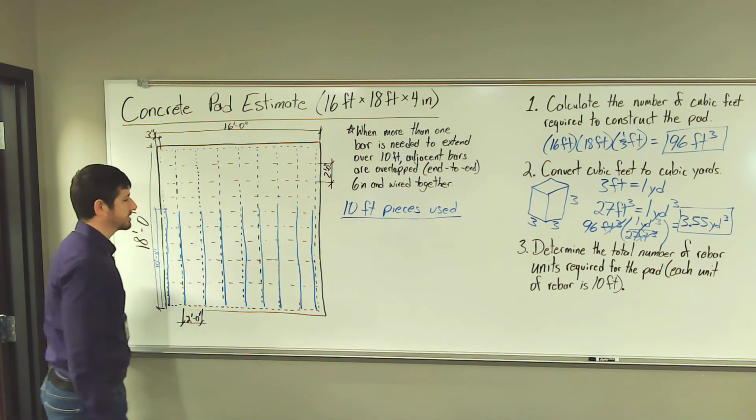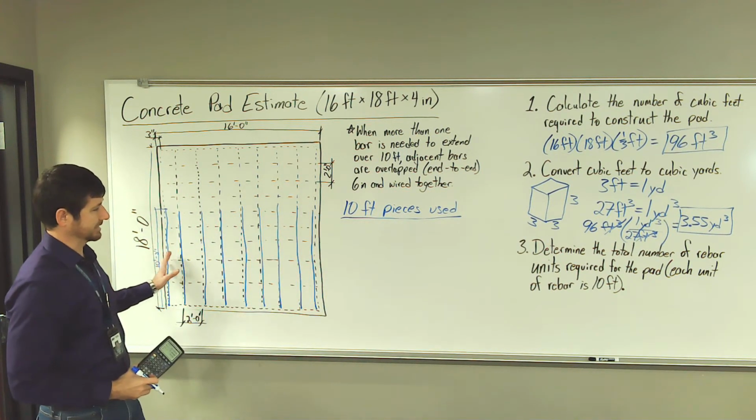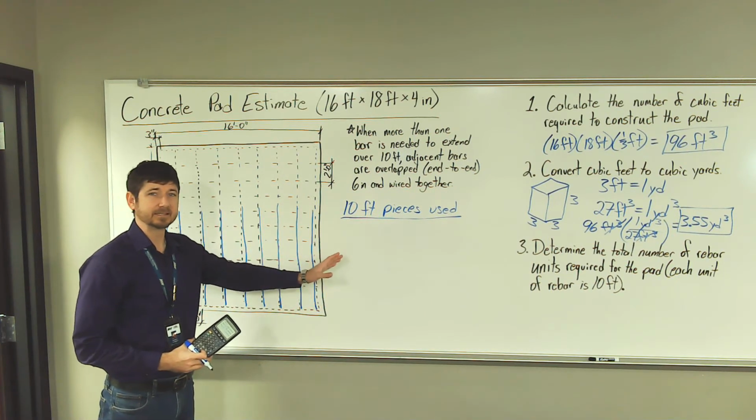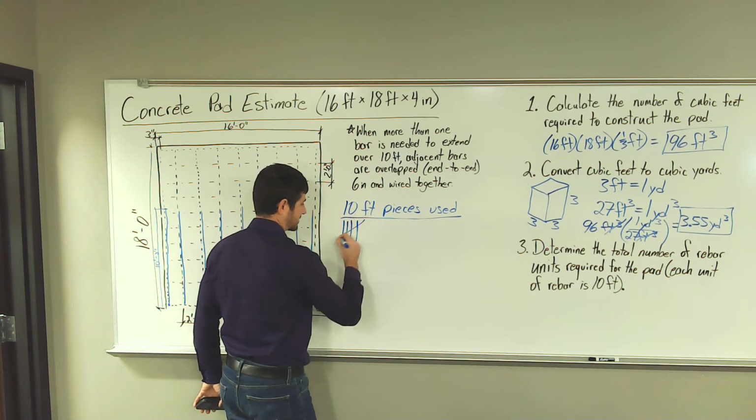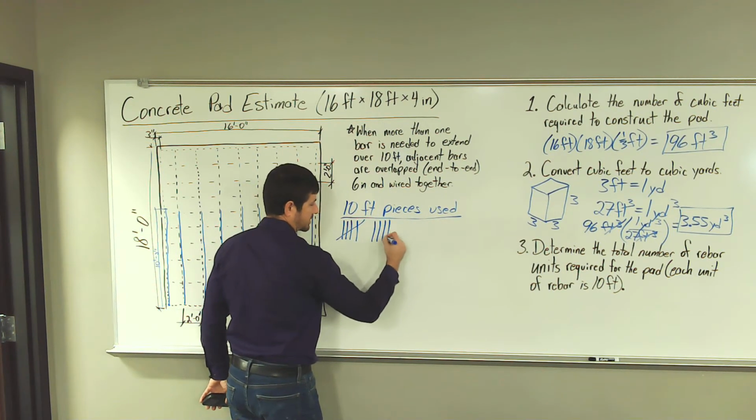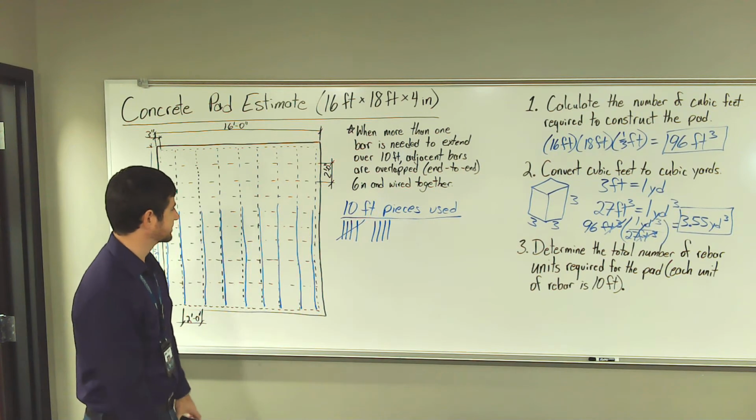All right, when we've done that, we have laid 9 10-foot sections into our pad right now. So let's keep a tally. All right, so 9 pieces used.